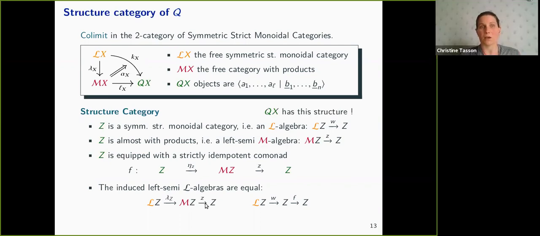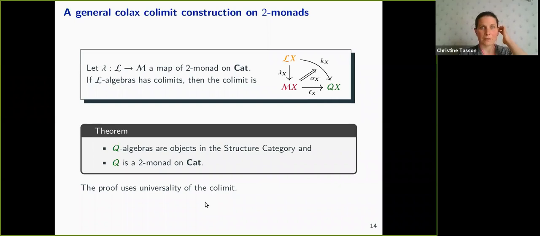Okay, so now I can state my theorem, which says that if I have a map of 2 monads on Cat, so if L and M are 2 monads, and the L algebras have colimits, then I can compute the Colax colimit in the 2-category of L algebras, which is this one. And I can prove that the Q algebras are objects in the structure category that I just described, and Q is a 2-monad on Cat.